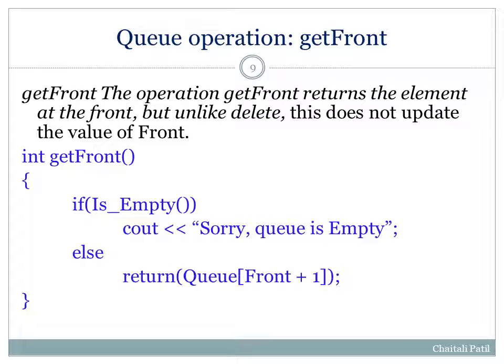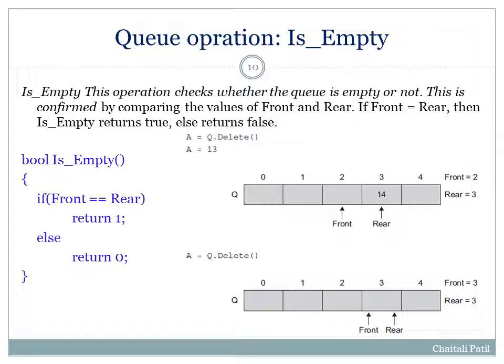Then add an element in the queue, and this function will return a queue. Delete the element from a queue and it will return a new, updated queue, from which the element is deleted. So this delete queue function will return an updated queue.